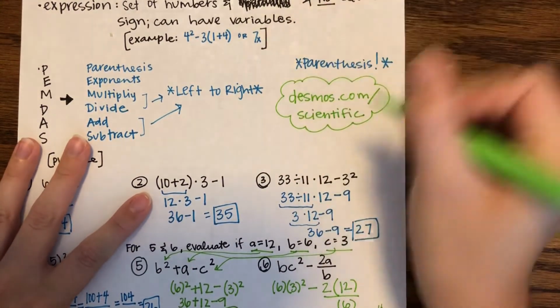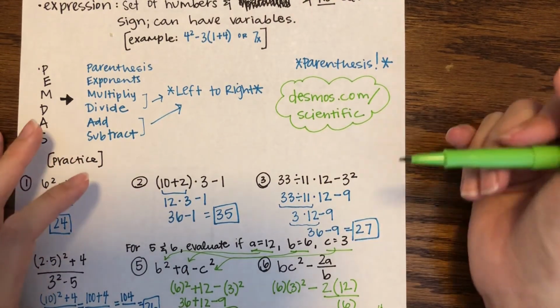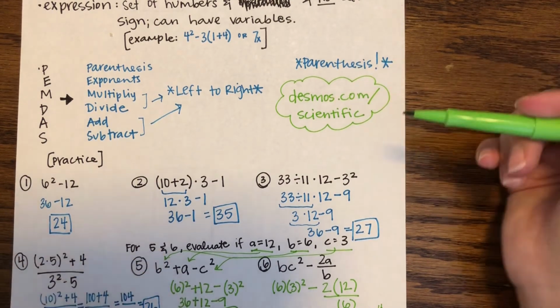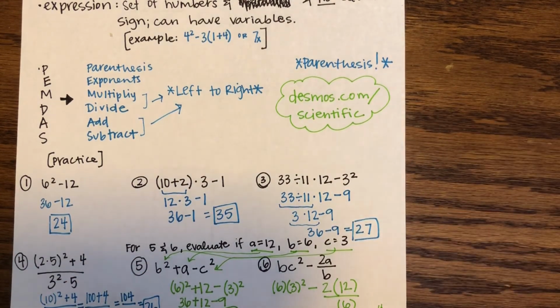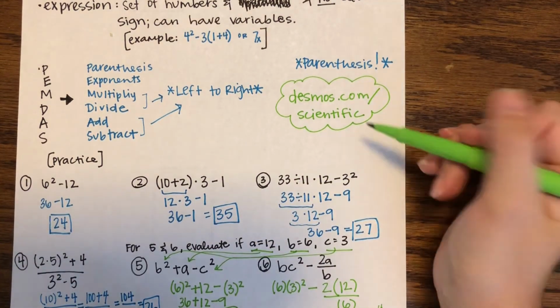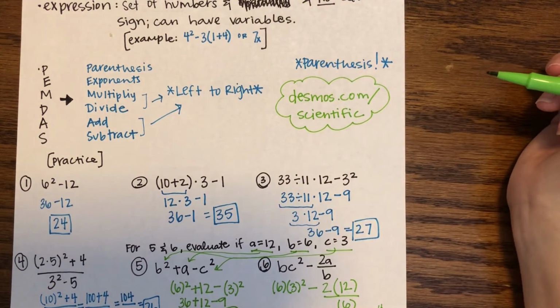This is going to be a great online calculator for you guys because it's very similar to the one that we usually use in class. I really like it. It's great. It simplifies the fractions for you guys. I feel like it's really easy for you guys to follow that one. So try these out with the website.